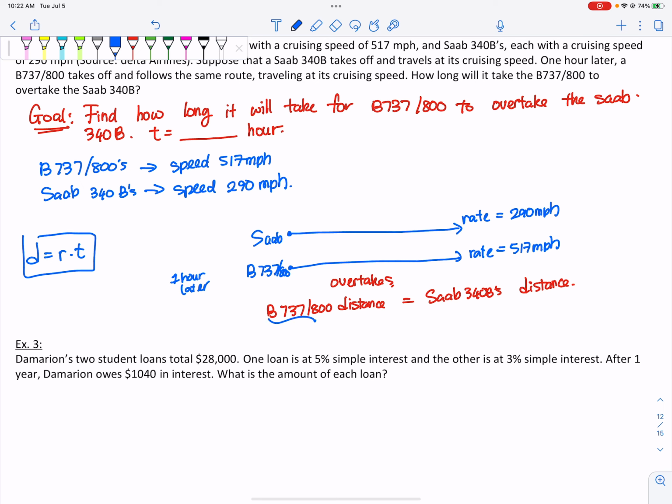So let's put that in the equation. The rate for B737 is 517, and the time would be t. So that's what we're looking for, time. For B737, that would be t.